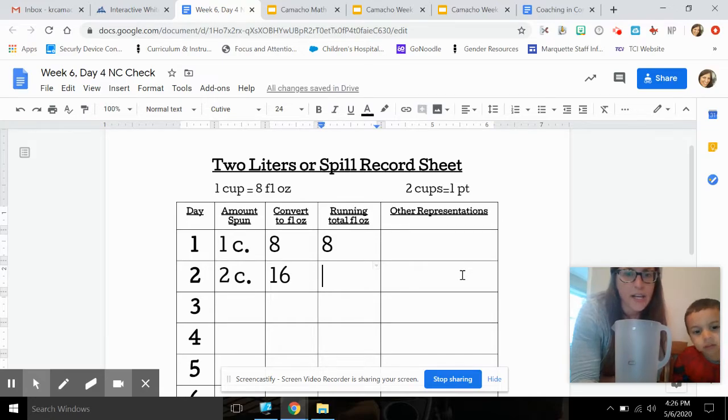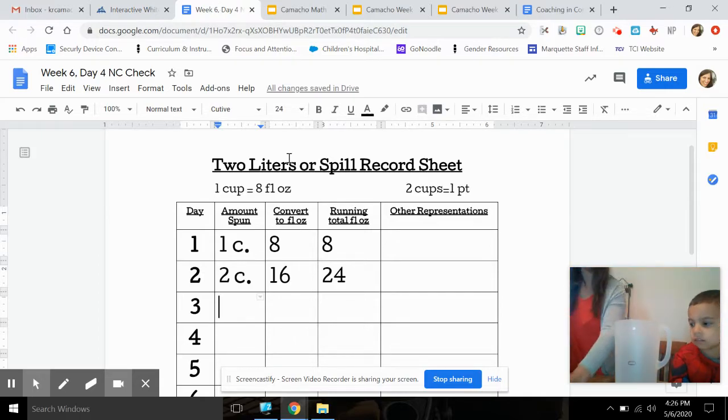And then we had 8 before, and now we have 16. So 16 plus 8 is 24.